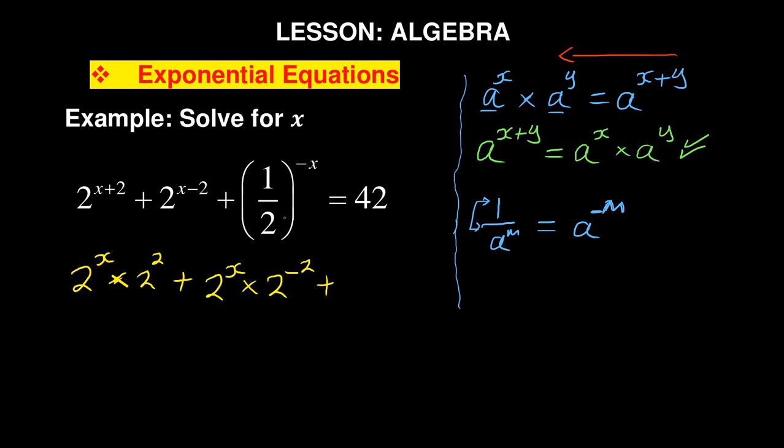So the fraction 1 over 2 is the same as, if I want to get rid of this part, I can simply say there is a power 1 there, which is 2 to the power negative 1. So that is the first part.